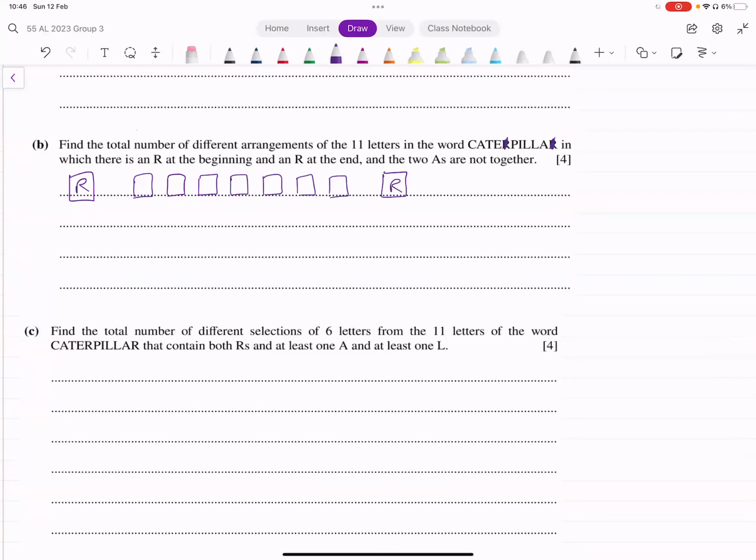So there are 7 other boxes. A's को निकाल के, remember there are 2 A's, and there are 7 other letters.